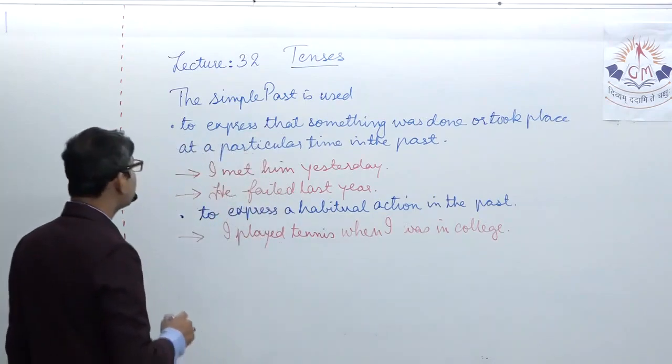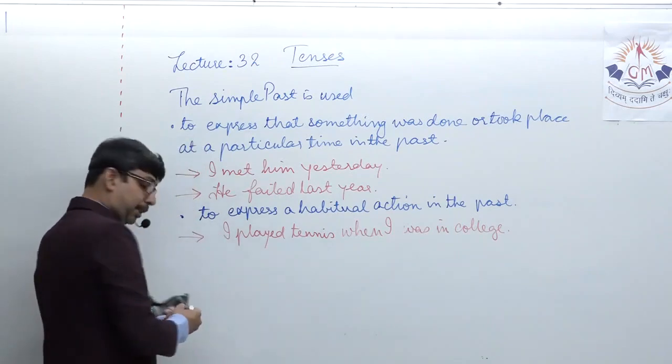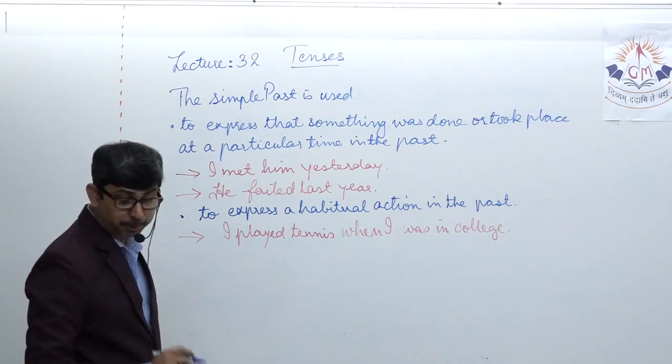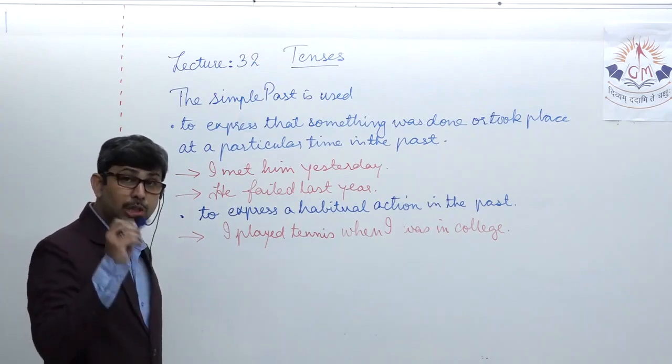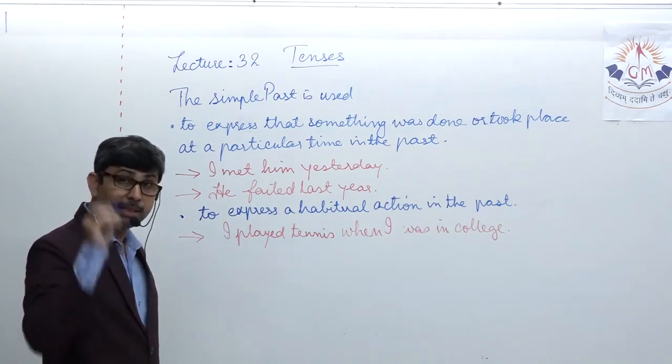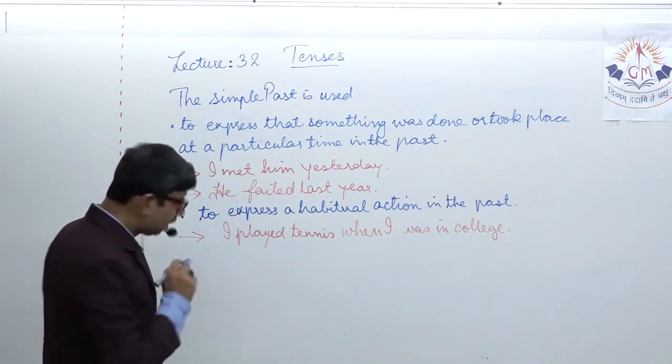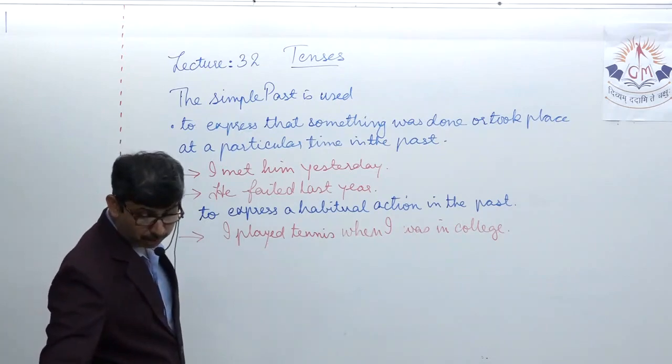The same simple past is used to express one last thing, that is to express an action actually going on at the time it started. The time when it started, that time we were saying it. Let's see how to express this in an example.